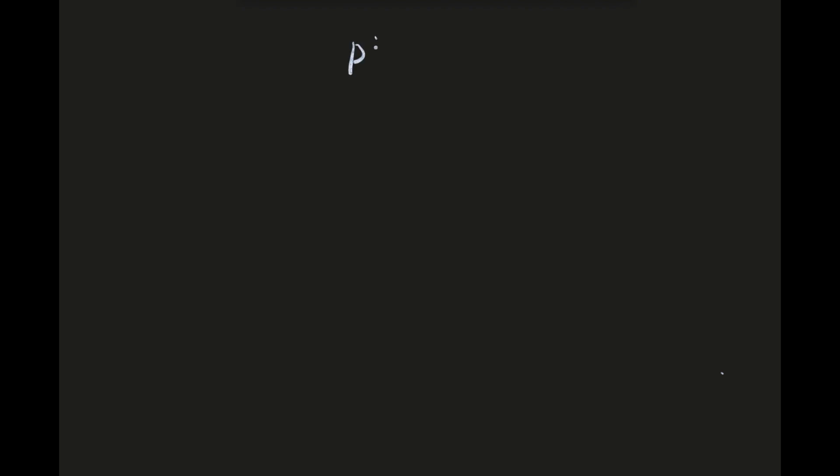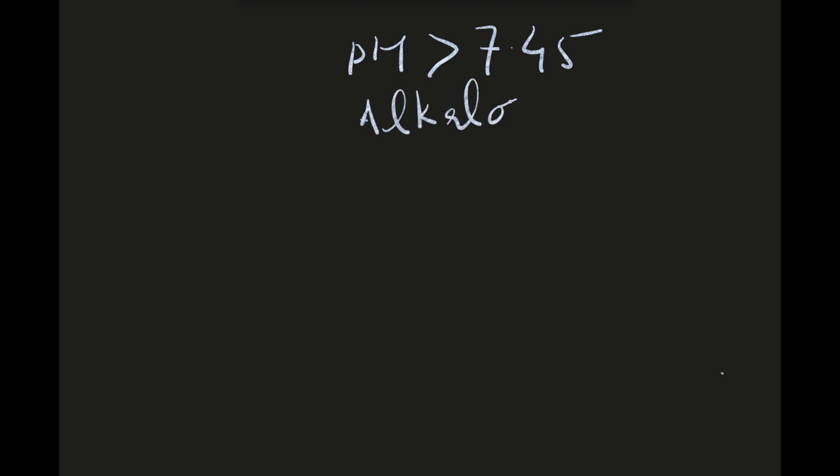Now, what if you find pH more than 7.45? You know that it is alkalosis. Now, alkalosis can be of two types. It could be respiratory alkalosis or it could be metabolic alkalosis.